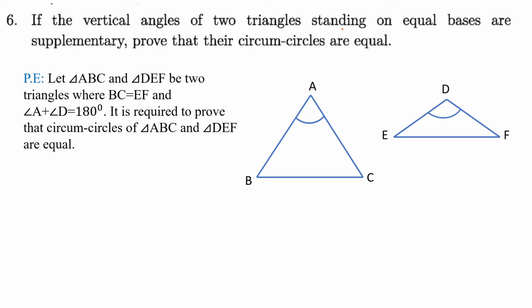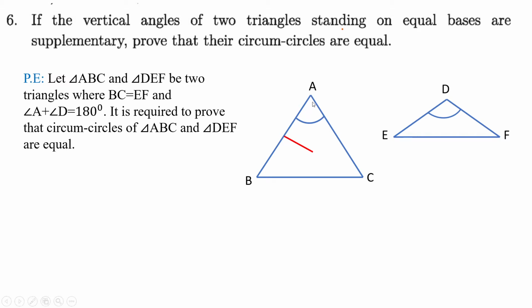Now, to prove this question, we have to construct the figure. First, we have to know what the circumcenter is. Circumcenter is the intersecting point of the perpendicular bisectors of the sides.